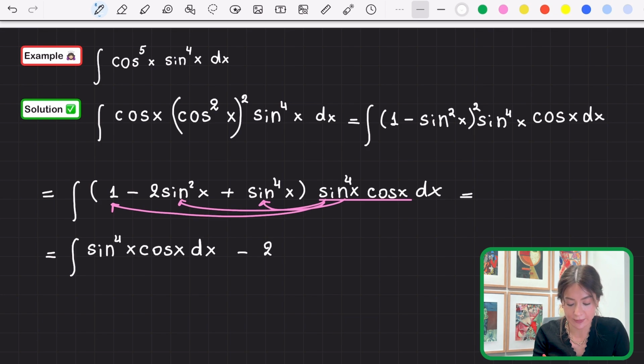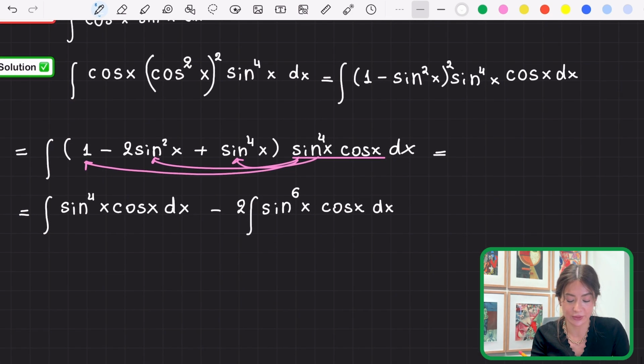The minus 2 I'm going to bring out of the integral because that's a constant and I can always do that. I'm going to add powers of sine. Here I'm going to have 6. Are you looking at how all of the 3 integrals are going to get their very own cosine x dx? That's the whole point of this trick or guideline.